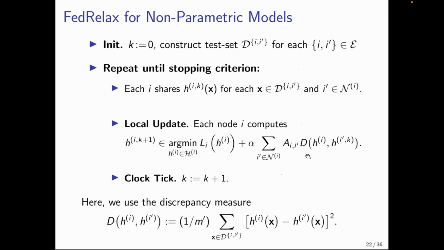So they can be completely different models at different nodes. They only need to have the same value range in their output. For example, they all need to be regression models. They need to output numeric quantities that we can compare. But the model itself can be completely different at different nodes.